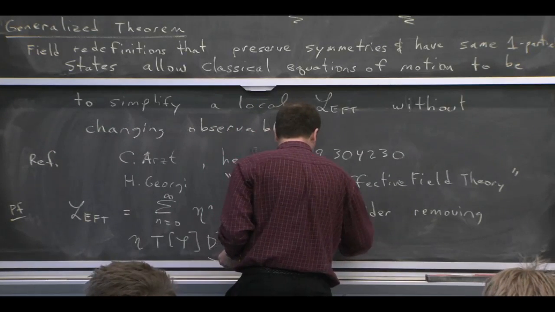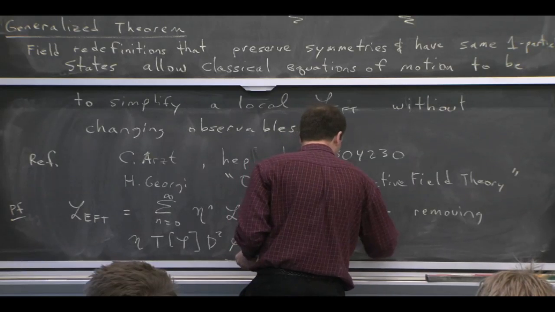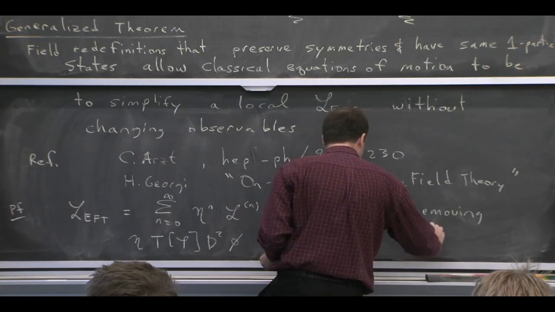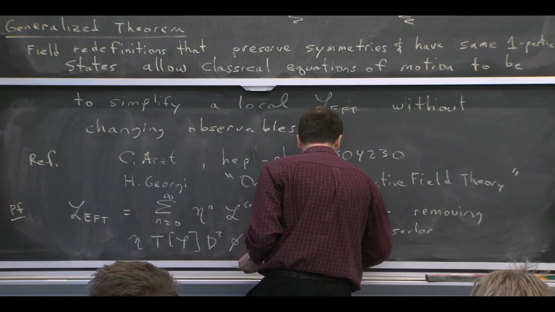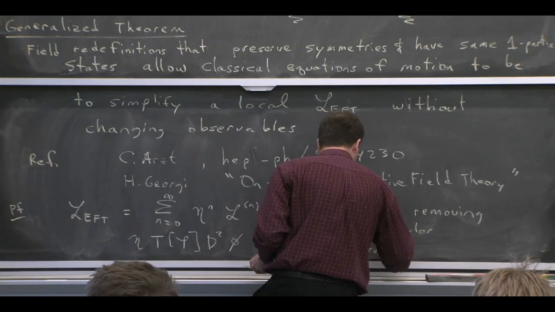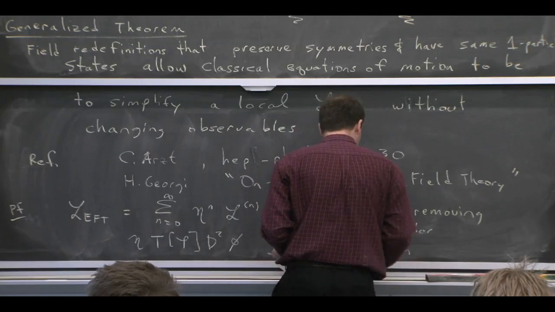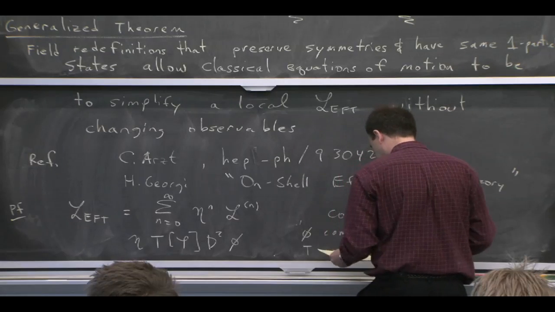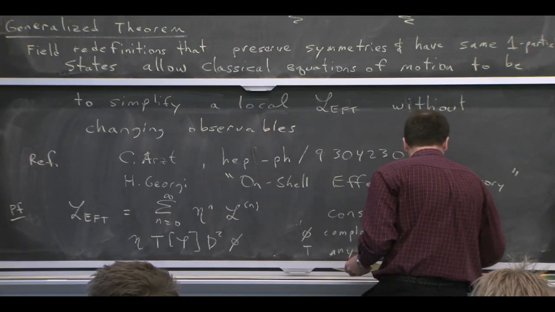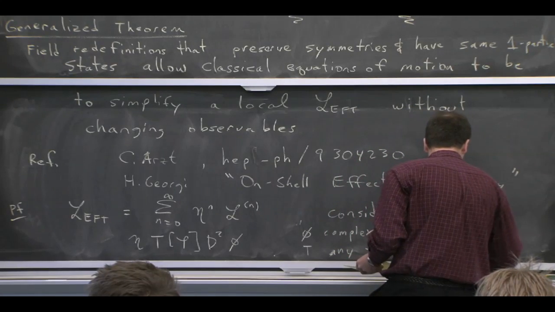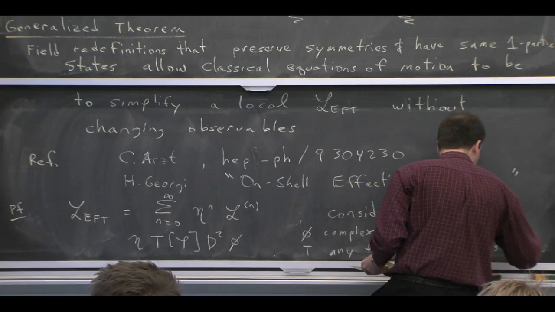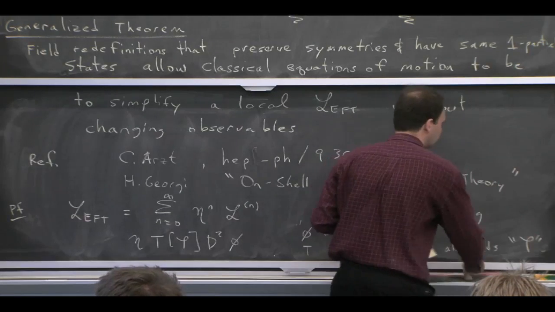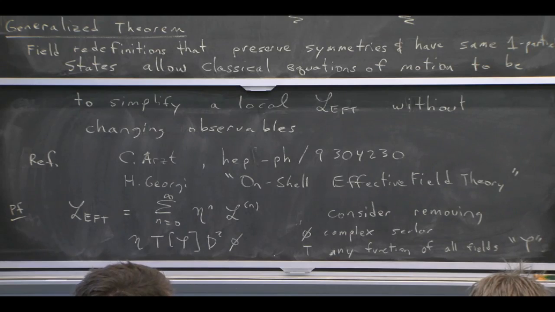So phi is a complex scalar, and t is any function that meets the needs of our symmetries of the problem. And I'm just using this other phi as a shorthand for all the other fields that we might consider.